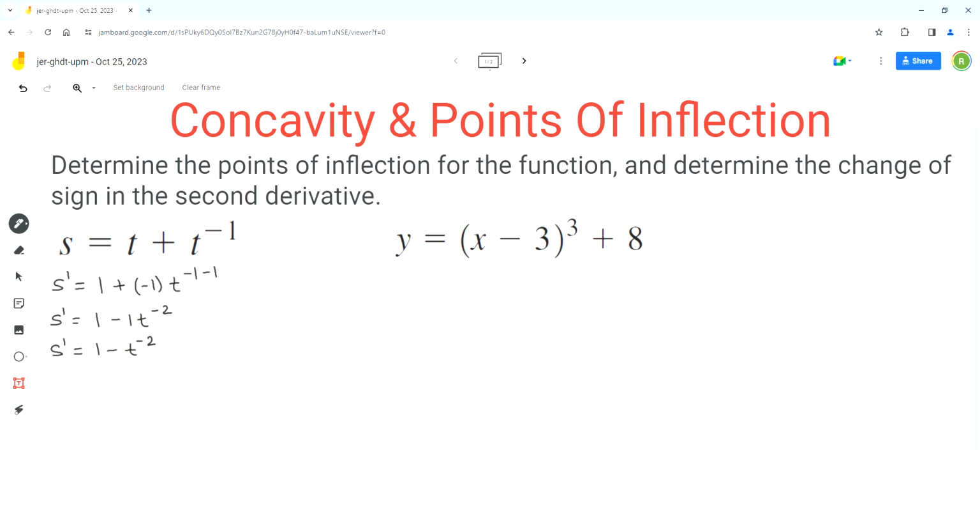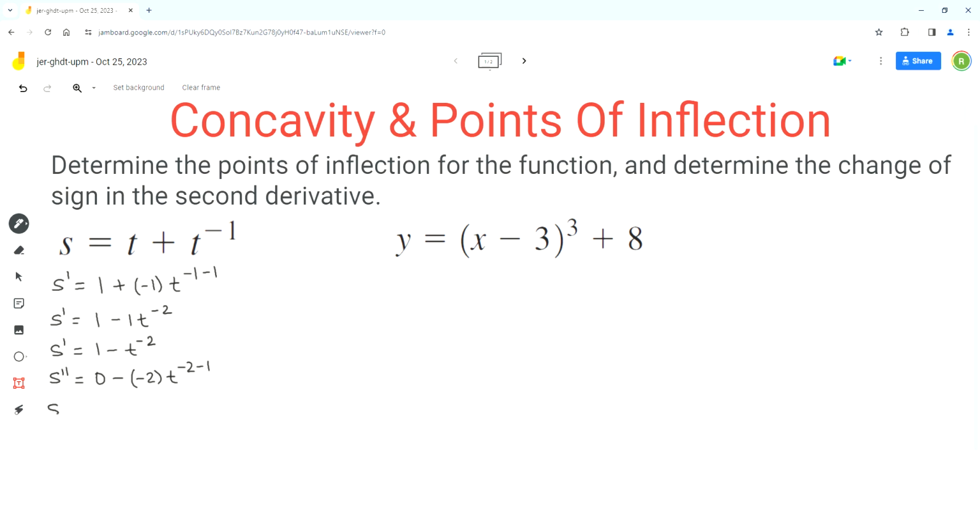Now we can find the derivative of this s prime to get the second derivative of s. So s double prime equals, the derivative of 1 is 0, and then minus. Now we have to use the power rule to find the derivative of t exponent -2. So as per the power rule, the -2 exponent moves to the front, and we subtract 1 from the exponent.